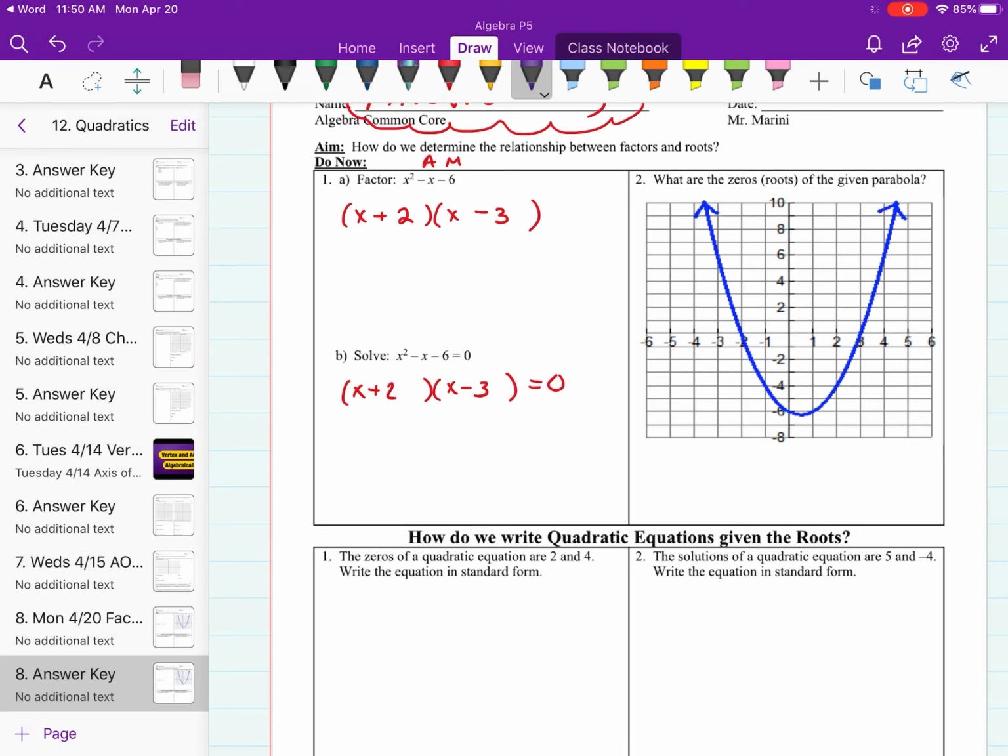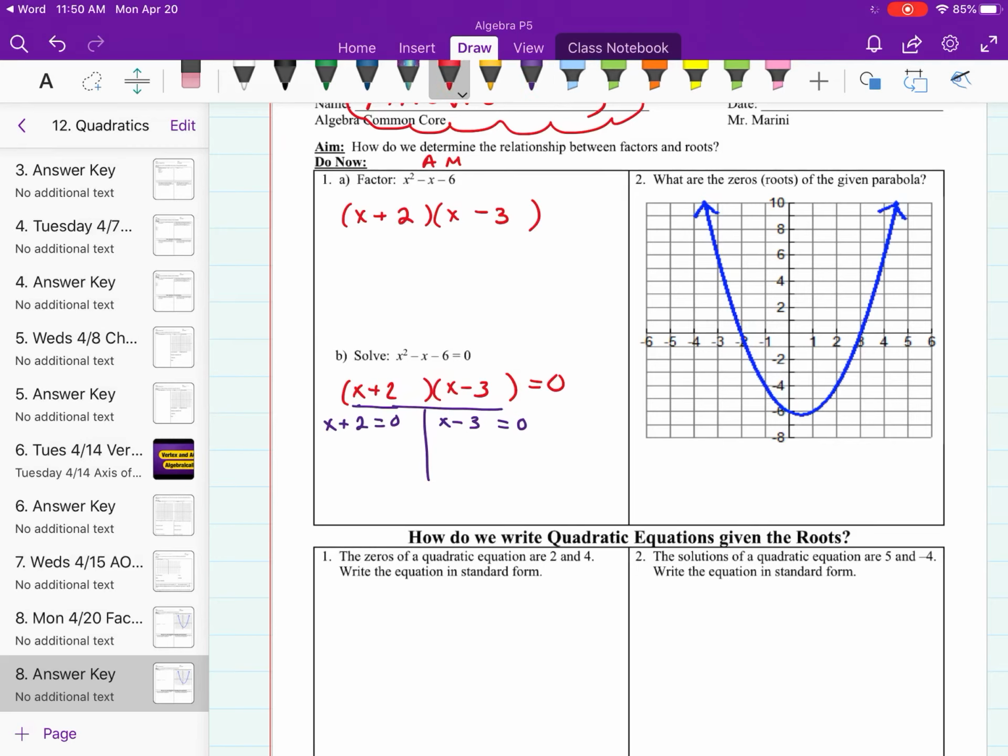But now since it's an equation, to solve this equation, you T off. And remember, you make each piece equal to 0. So x plus 2 equals 0 and x minus 3 equals 0.